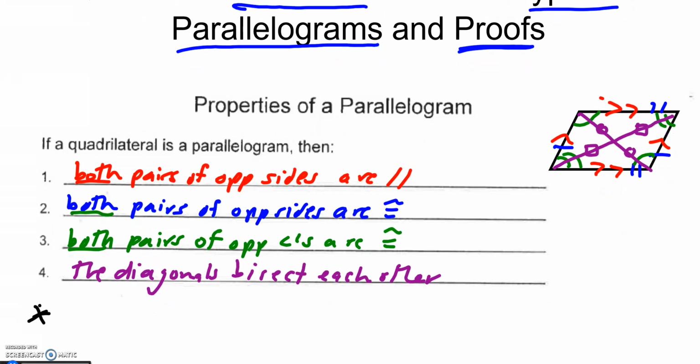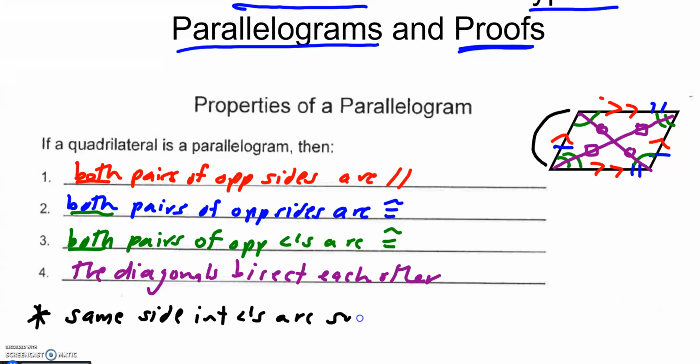One not as popular reason, but is also something you know from a parallelogram, is if these two pairs of angles are congruent and these two pairs of angles are congruent, these consecutive angles, or same side interior, must be supplementary. So I'm also going to write a note that if you have a parallelogram, you know that same side interior angles are supplementary.